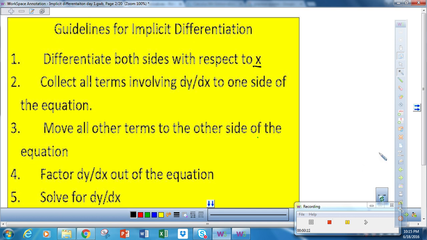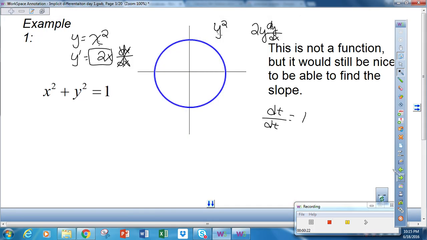I know this seems like a lot of steps, but I think you'll get the hang of it. The biggest thing to remember is that when we take the derivative of anything in respect to itself, it's 1. But if we're finding dy dx, then any other variable has to be differentiated with respect to x. So let's do an example.